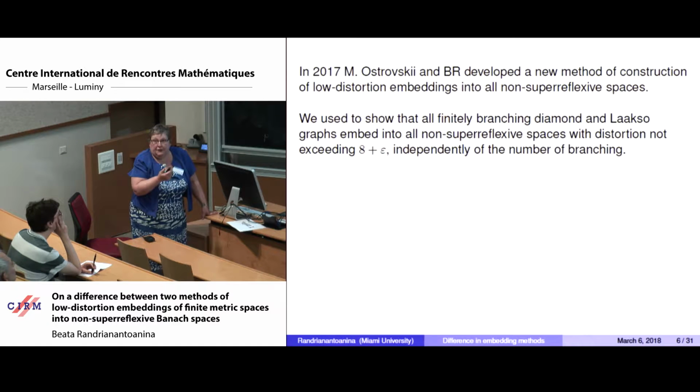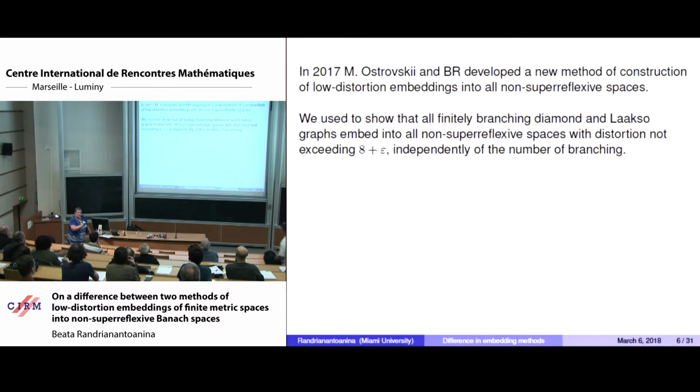Right, so recently, Mikhail Ostrovskii and I made the same mistake as Professor Fonf made. It was written on the original slide, but this whole talk is based on a joint work with Mikhail Ostrovskii. I apologize for not saying it out loud from the beginning. So we developed a new method of constructing embeddings into non-superreflexive spaces.